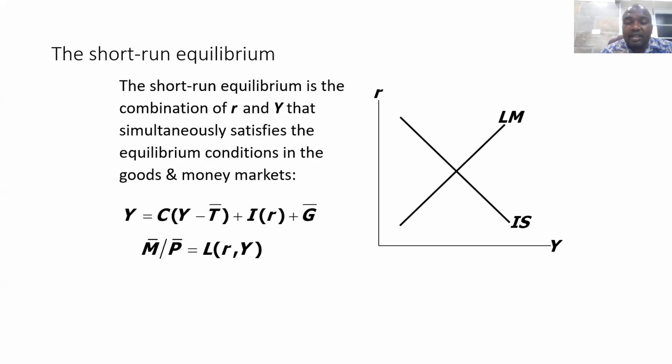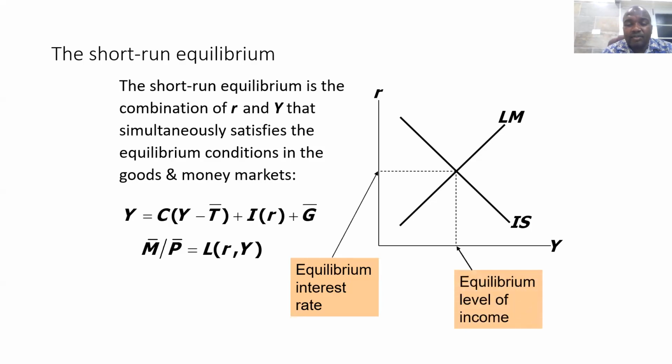So where the LM curve intersects the IS curve, we have general equilibrium. It's equilibrium of the goods market represented by the IS curve and equilibrium of the money market represented by the LM curve. So we have a simultaneous money market and real goods market equilibrium.